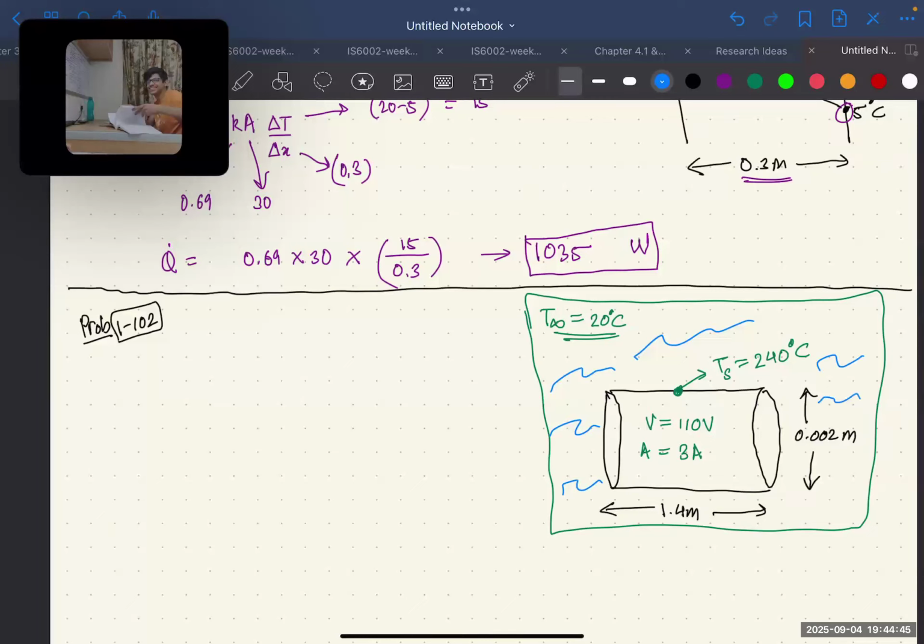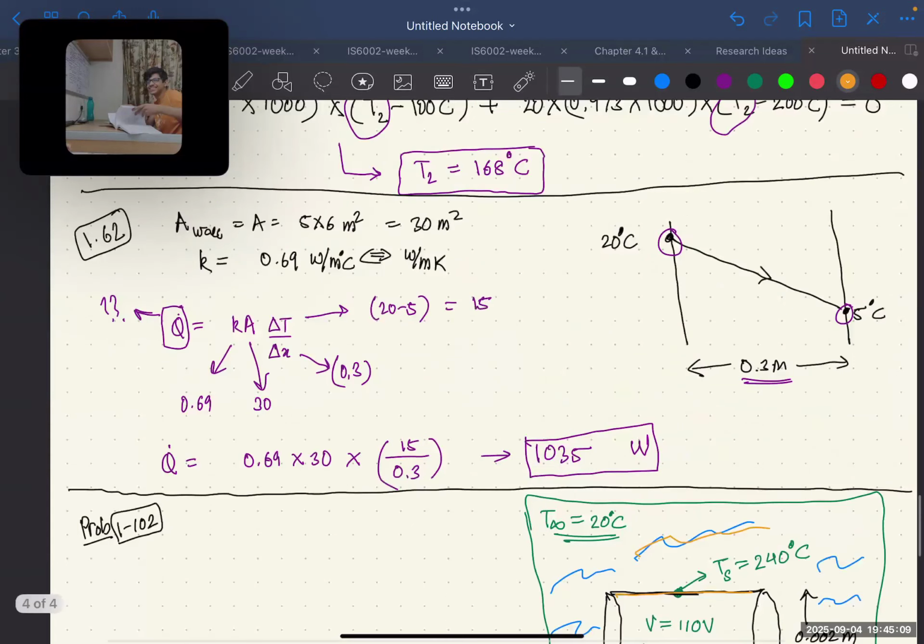So there is going to be convective heat transfer taking place between the surface of this wire and the air, right? What they want us to calculate is the heat transfer coefficient.